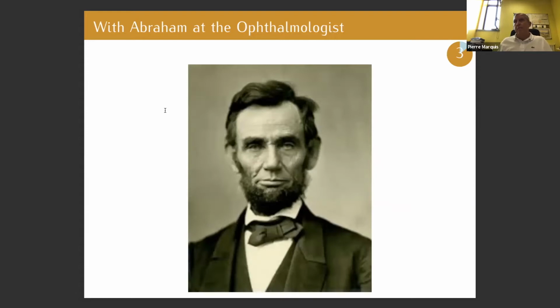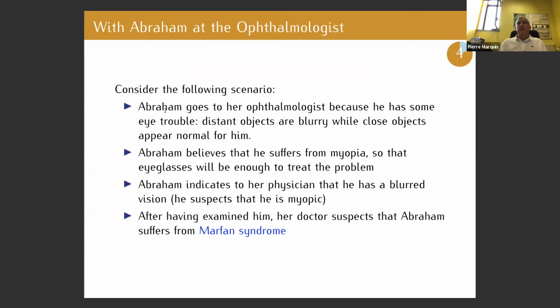Abraham is the explainee, and of course, the ophthalmologist will be the explainer. So the scenario is as follows. Abraham goes to an ophthalmologist because he has some eye trouble. He has a blurred vision. Close objects appear normal for him, but distant objects are blurry.